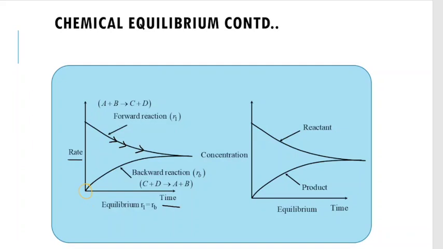But with time, the rate of backward reaction slowly increases, and then it becomes equal to the rate of the forward reaction. This particular stage of the reaction is nothing but equilibrium. Understand?